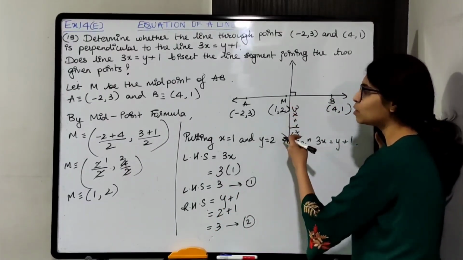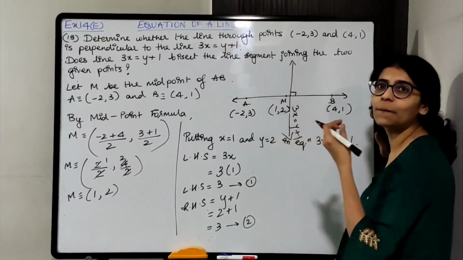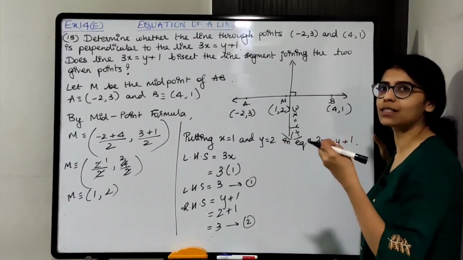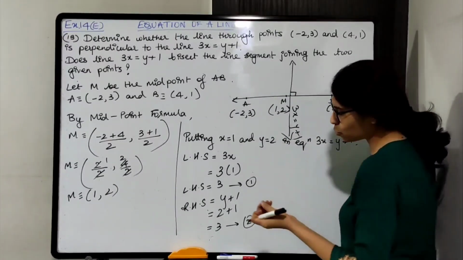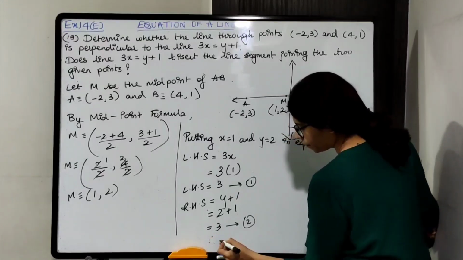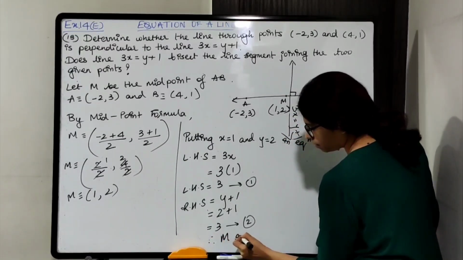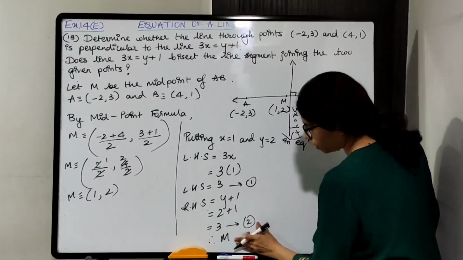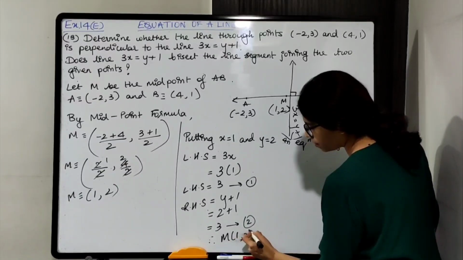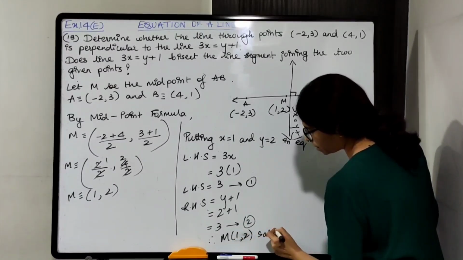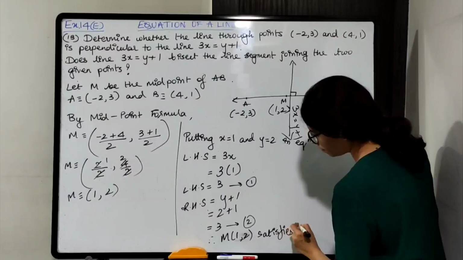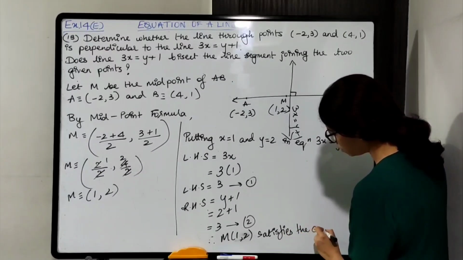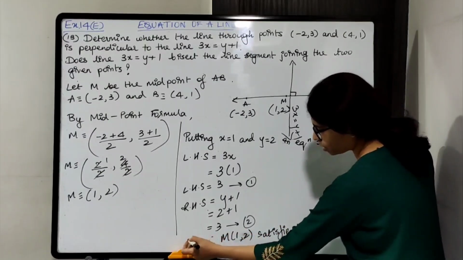Therefore 3x equals to y plus 1 is passing through the midpoint of AB, that is, it is bisector of AB. So therefore M 1, 2 satisfies the... before this write down LHS is equal to RHS.